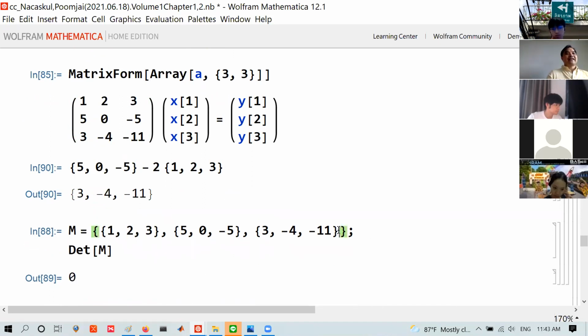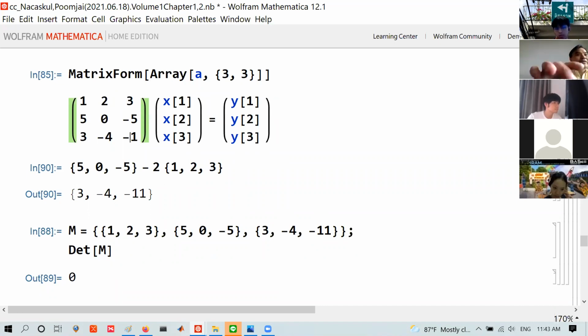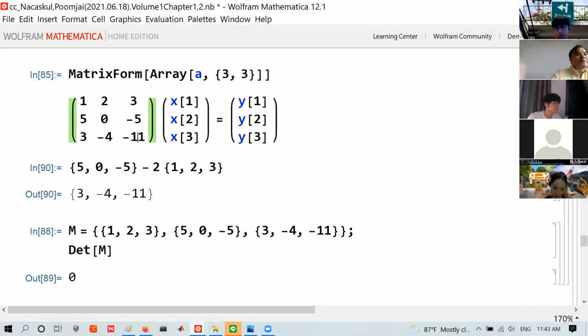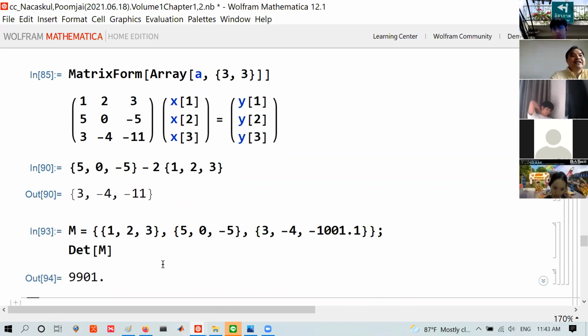And I create this. Now, if I didn't do that, if I change it to something else, say 11.1, the determinant is not 0. It's some number. It doesn't have to be 1. It could be some number, but it's not 0. So this is called a determinant function.